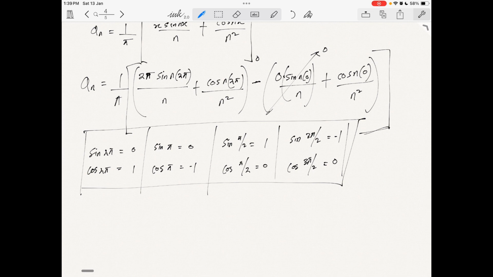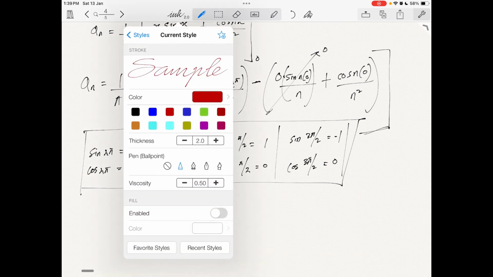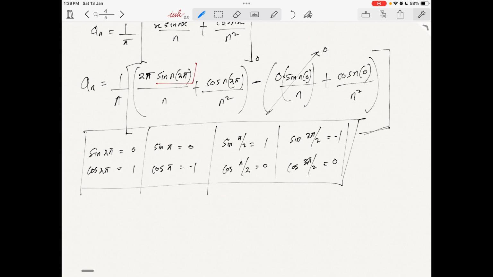So we can see an effect of sin n 2 pi, and that means it's any variable multiplied by 2 pi, and since sin 2 pi is 0, that means everything here is 0.